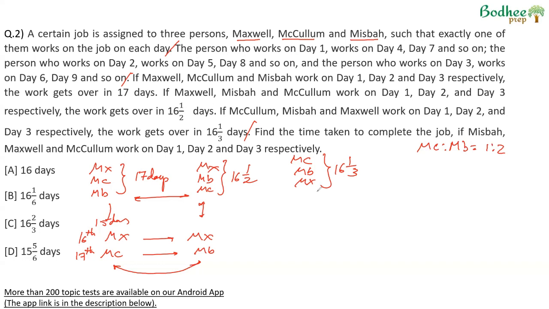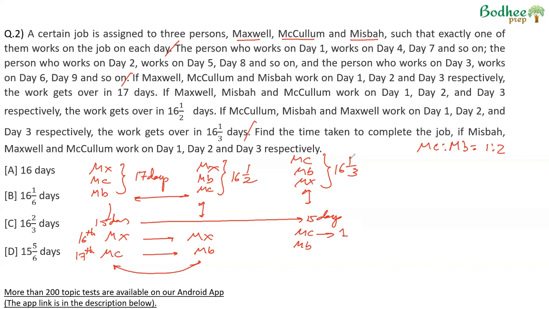Now, if we look at this case, for the first 15 days, in this case also, work done will be the same as the first two cases, because all of them have worked for 5 days each. On the 16th day, McCullum will come to work, and then Misbah will come to work. So on the 16th day, McCullum suppose does 1 unit.